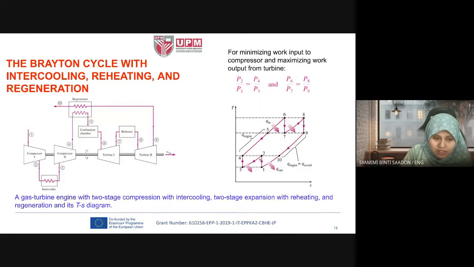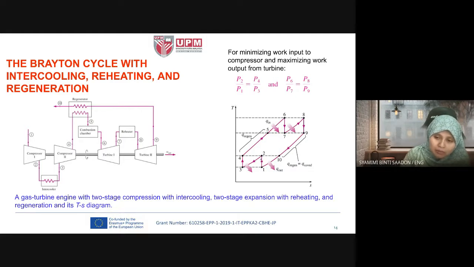This 2 to 3 is the process occurring in the intercooling. We cool back the working fluid from 2 to 3, lower down the temperature back to 3, and then compress it again, 3 to 4. So two times compression, 1 to 2 and 3 to 4. Between that we have intercooling.